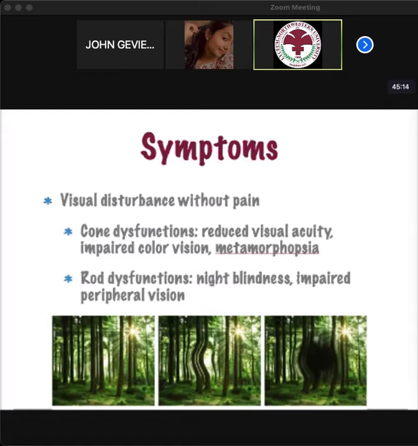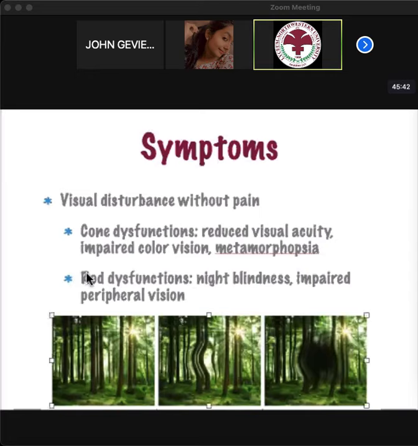But in the retina, it's usually painless. For visual disturbance without pain, you can differentiate if there is cone dysfunction or rod dysfunction. If there's cone dysfunction, usually at the center of the macula, you have reduced visual acuity, impaired color vision, or metamorphopsia, where the patient sees distortion of vision, or scotoma.